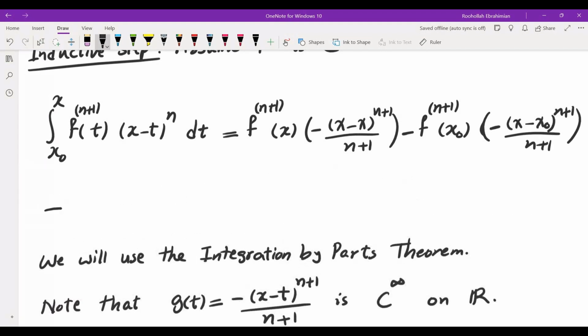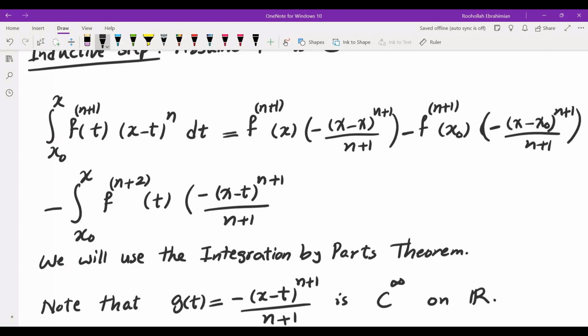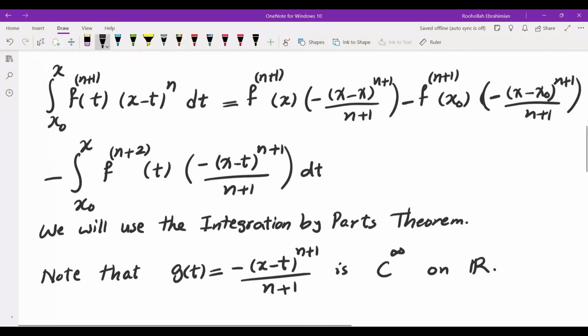And then minus the integral from x0 to x of f^(n+2) of t, since I take the derivative of this one and integrate the other one, times minus (x minus t) to the power of n plus 1 over n plus 1 dt.